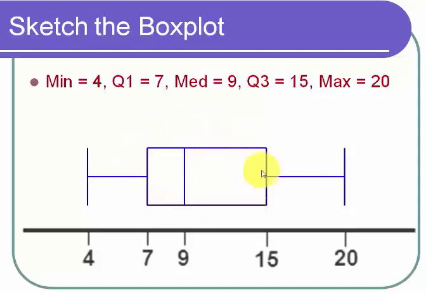The middle 50% of the data lies between 7 and 15. The median is 9. Sometimes you'll put a little dot at the mean because the mean's important. Sometimes you don't. Sometimes we will take the outliers and we'll put dots at the outliers and we'll draw a box plot for the rest of the data. But here I just drew a simple box and whiskers plot.